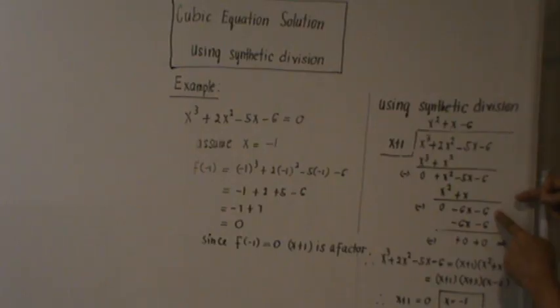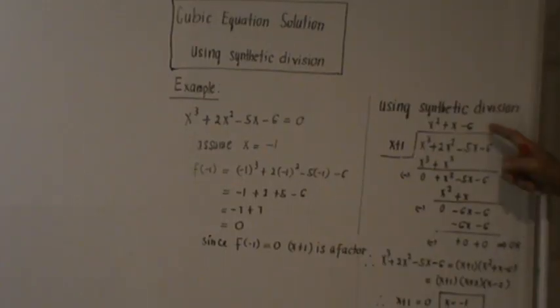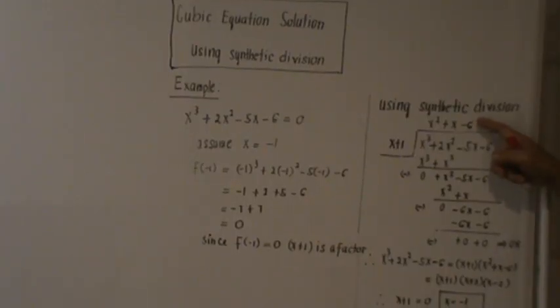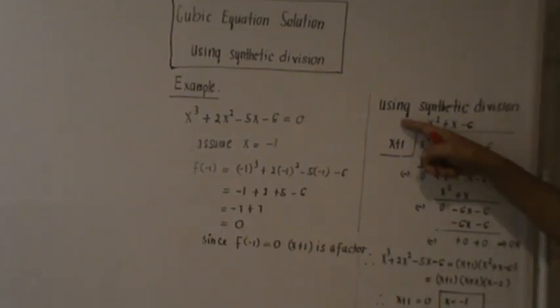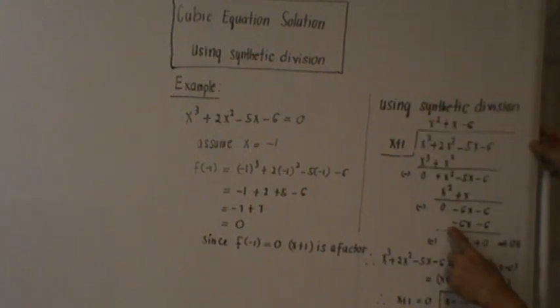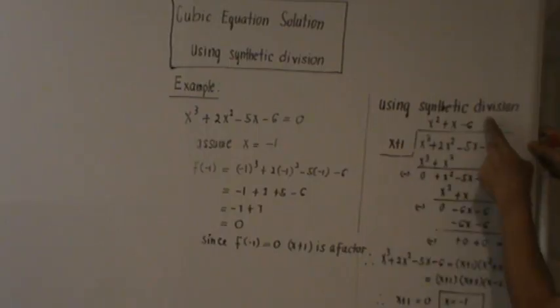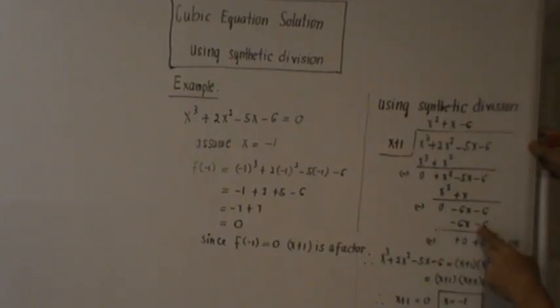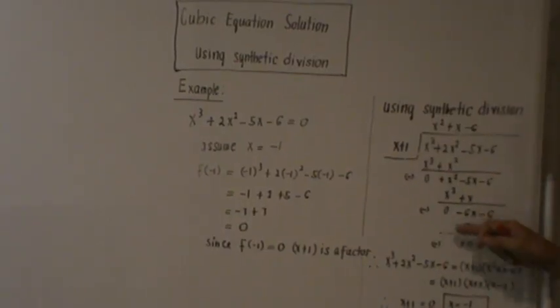Right? So what will be the next quotient maybe? It will be minus 6. Minus 6 times x will be negative 6x. Right? And plus 1 times negative 6 will be a negative 6. We put this bar here.